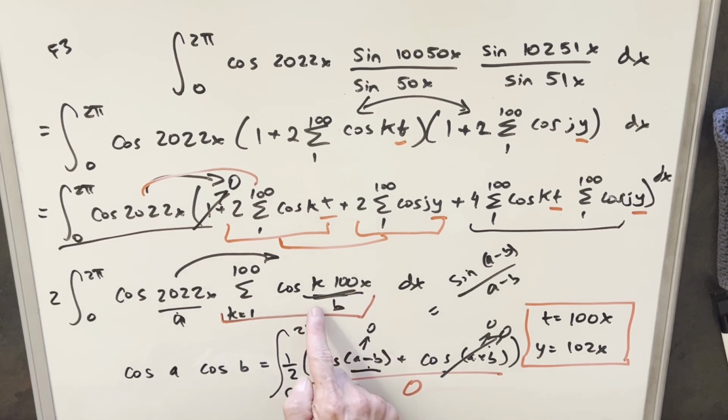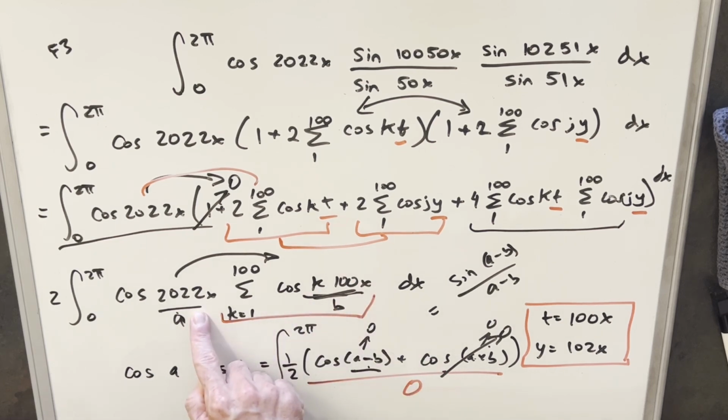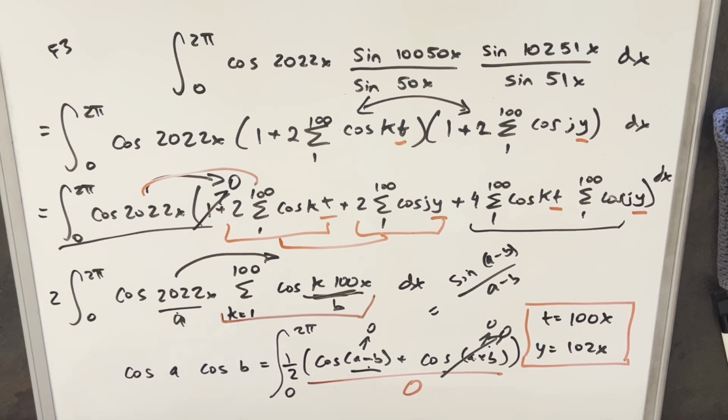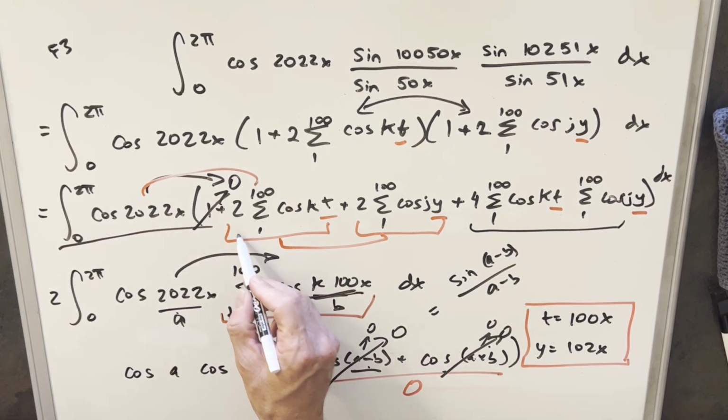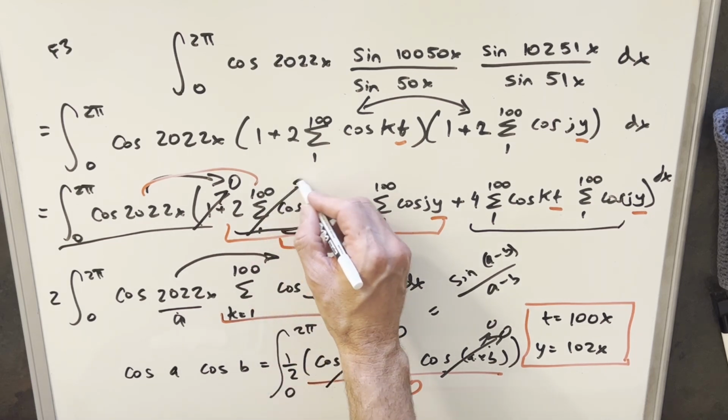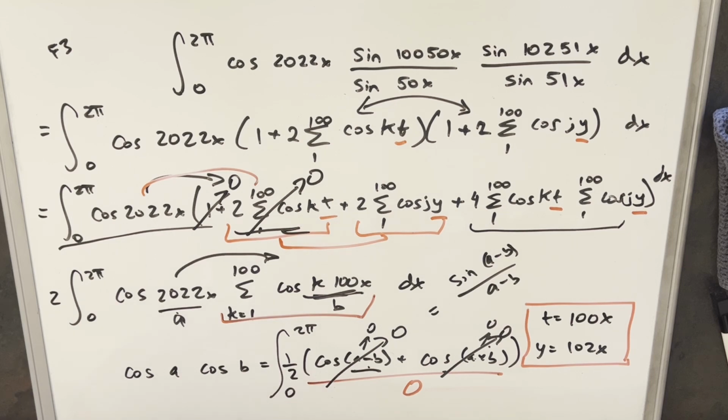Well, it's never going to be 0 because 100 doesn't divide into 2022 evenly. So there's no value of k that's going to get us 2022. So this piece is always going to be 0. Even though this is actually 200 integrals when we break it all out, they're all going to be 0. And so we don't have to worry about that piece.